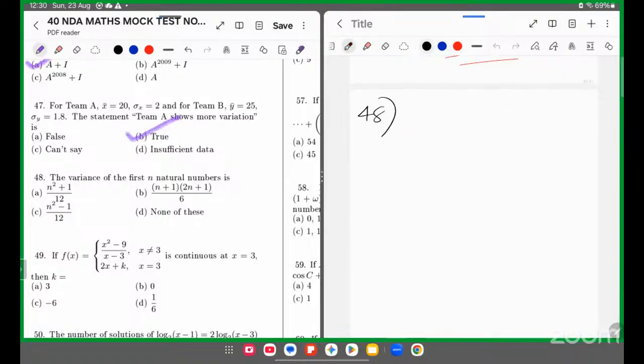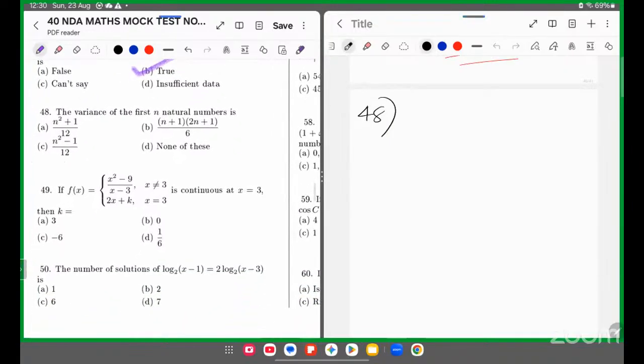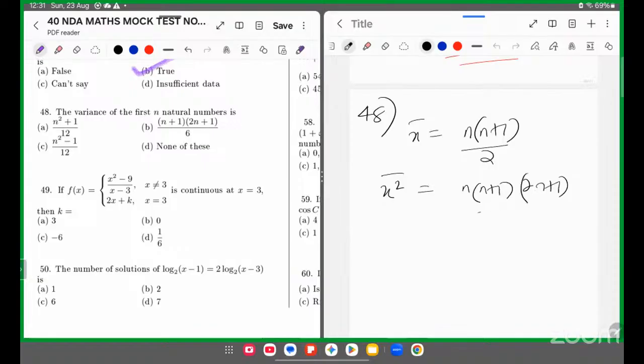Question number 48. The variance of the first n natural numbers is, because we can calculate x bar is equal to 1 plus 2 plus etc. That will become n into n plus 1 by 2. And if I take x square bar, I can say that n into n plus 1 into 2n plus 1 by 6.